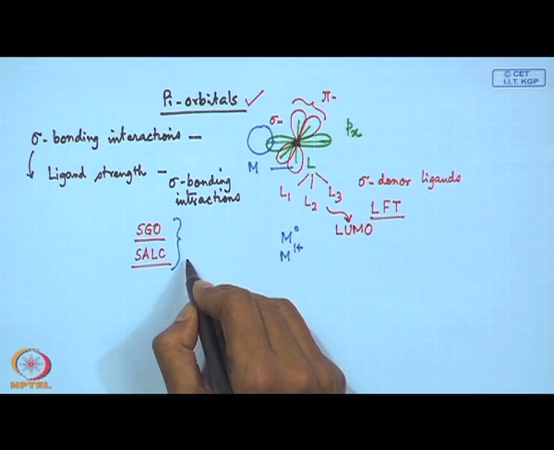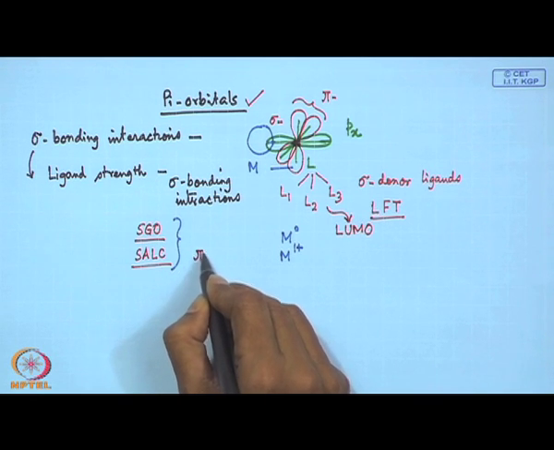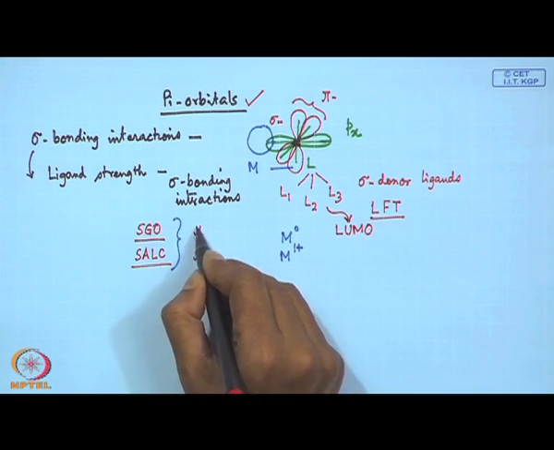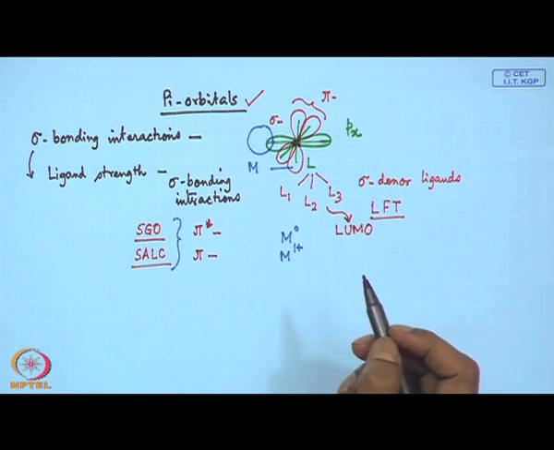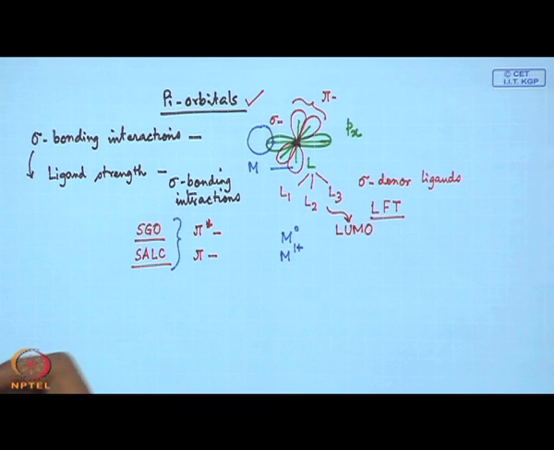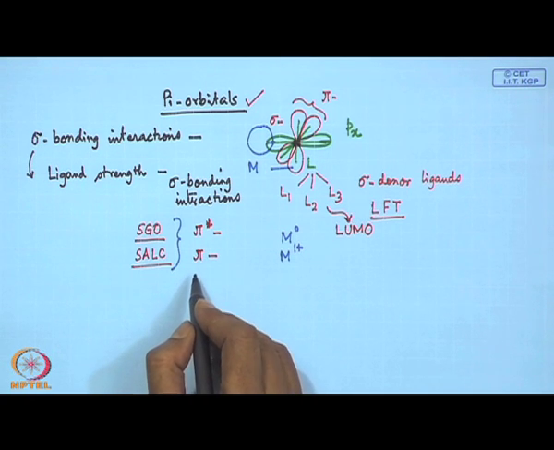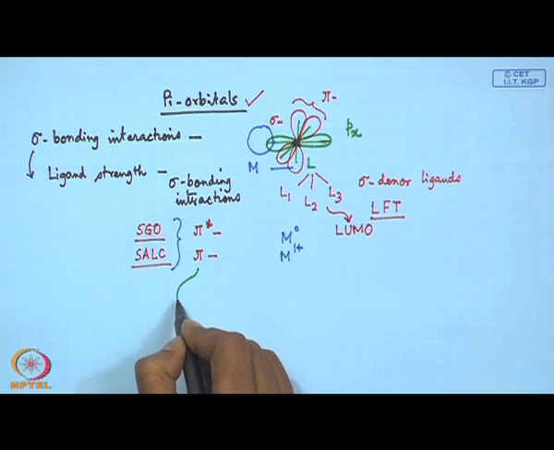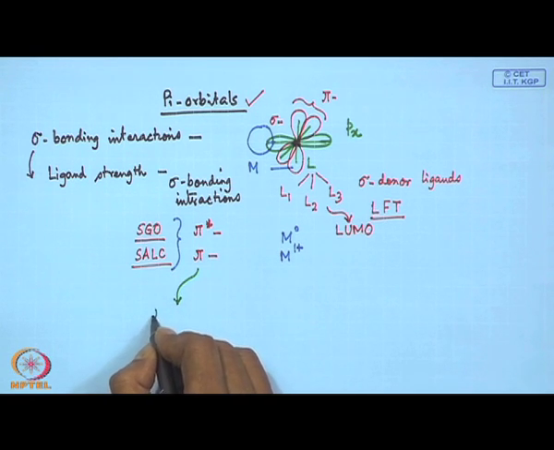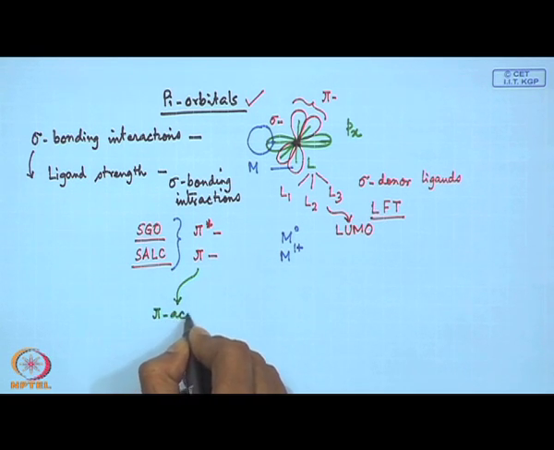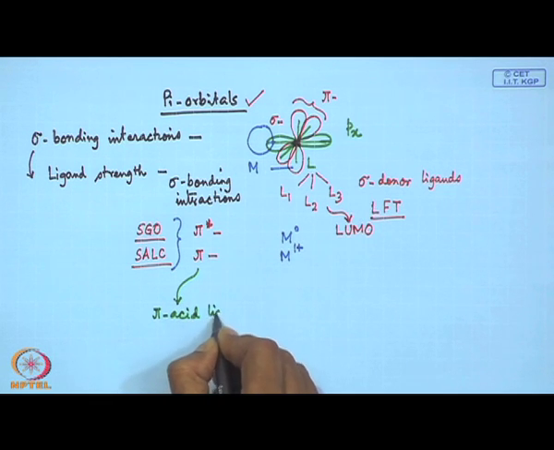Similarly, here we will also consider this for the interaction as for the pi as well as the pi star level. So, in today's class, we will focus our attention on how we construct these pi and the pi star orbitals, because we know from our school days that there are some ligands which we consider as pi acid ligands.